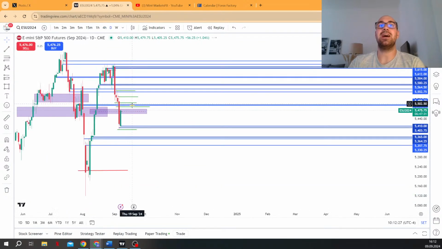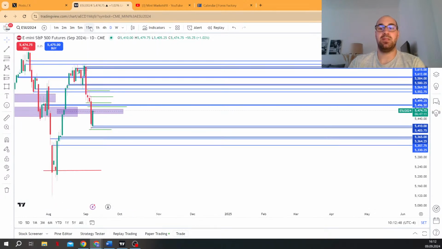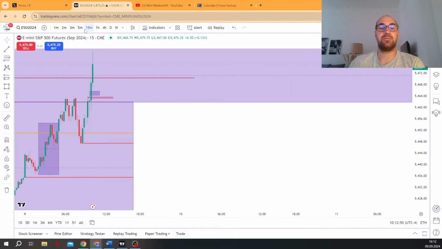The green line is an old daily low, that's 5490, the old daily low here. And that could be an area of interest as well if we continue going higher.